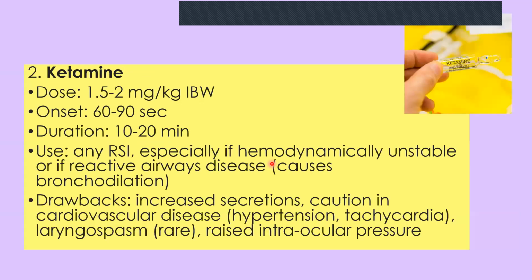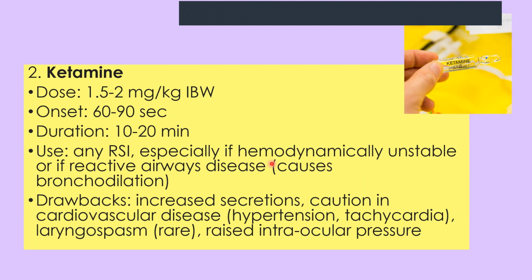And then the second one is ketamine. Ketamine we give 1.5 to 2 milligram per kilo. The onset is the same, 60 to 90 seconds. It can last around 10 to 20 minutes. It can be used in any RSI, especially in hemodynamically unstable patients or patients with reactive airway disease, as it can cause bronchodilation.